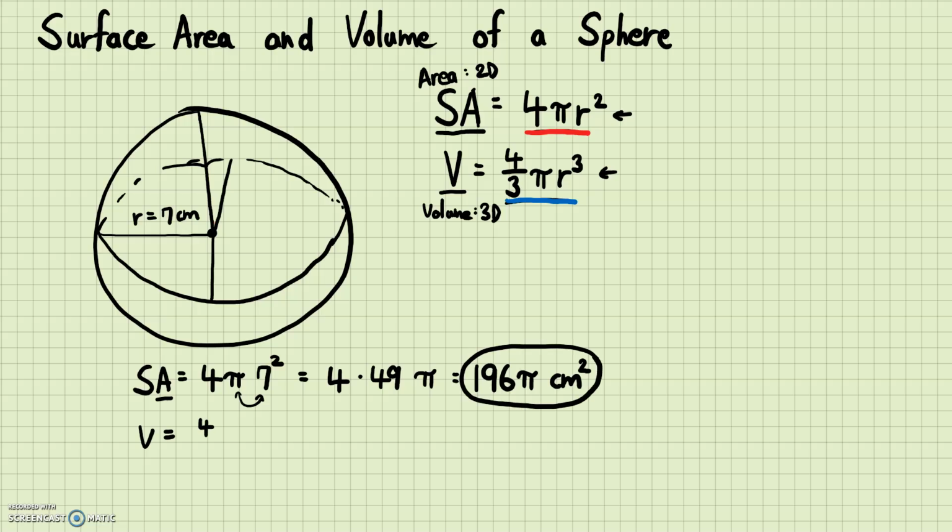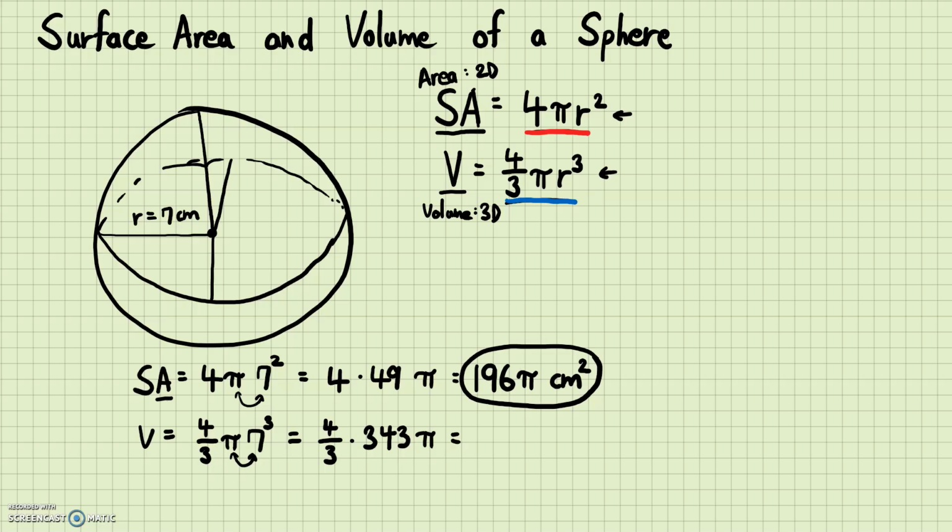How about volume? Volume will be 4/3 pi r cubed, so 7 cubed here. Now 4/3, again, I'll switch the order for pi and 7 cubed so that the numbers go together. 4/3, 7 cubed is 343. And times pi, so 343 times, I don't think that's divisible by 3, so let's just multiply that times 4.